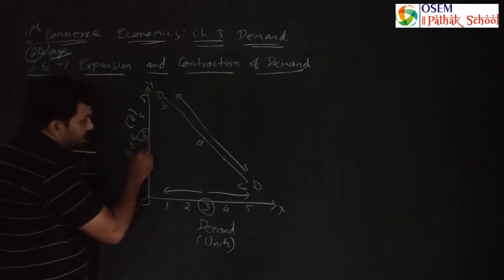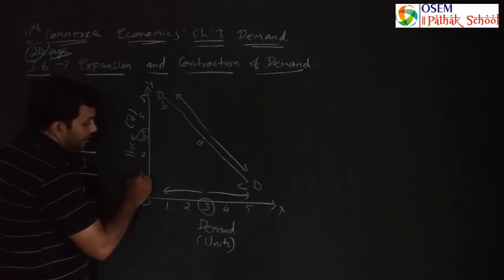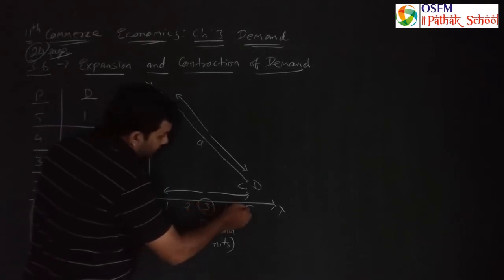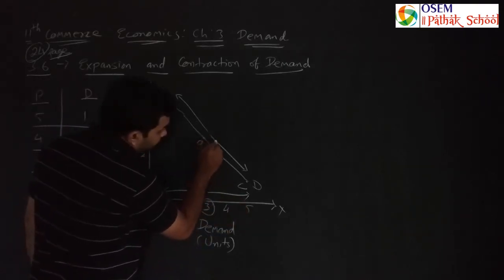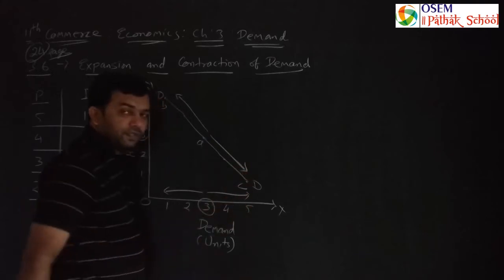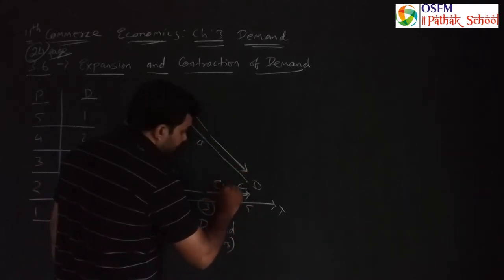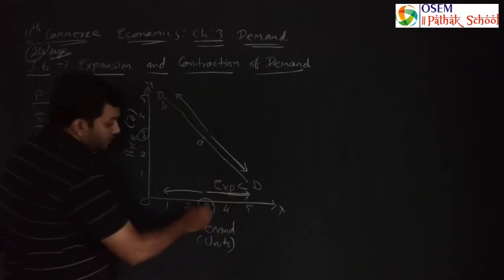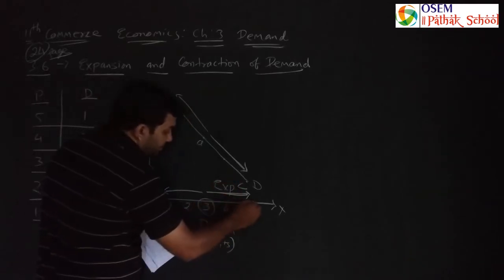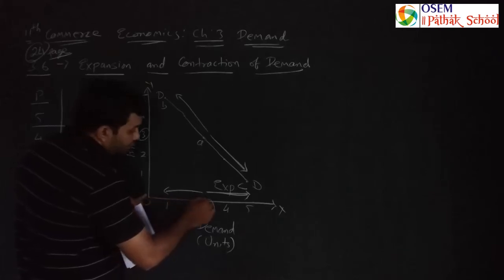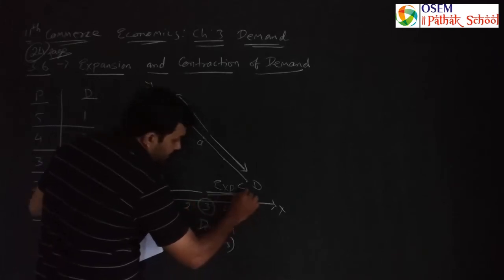As and when price decreases, 3 to 2, 2 to 1, demand increases, means we move down the demand curve, and this is known as expansion, because demand has expanded rightwards.